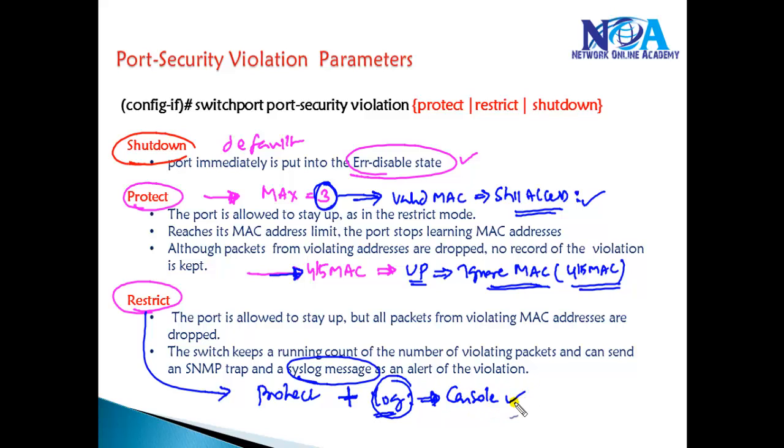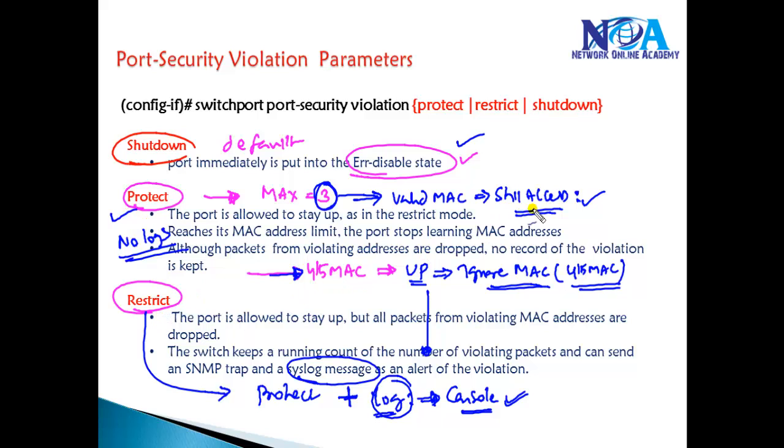If you have a default console login, it's going to show you the log message that this violation has been done. It generates that log message on the switch, whereas protect is not going to do any logging. So these are the major differences between protect and restrict. In case of shutdown, it will simply put the port into error disabled state, but in protect and restrict mode, it is not going to do that.